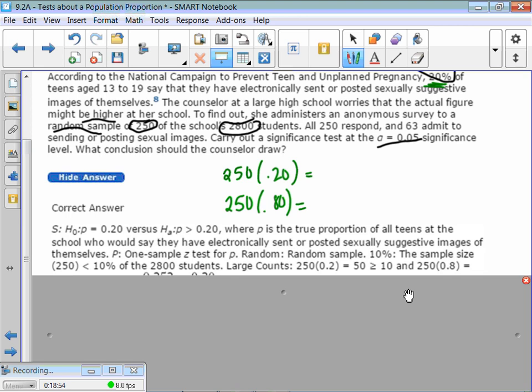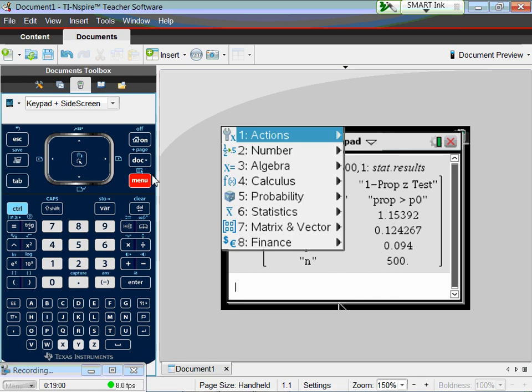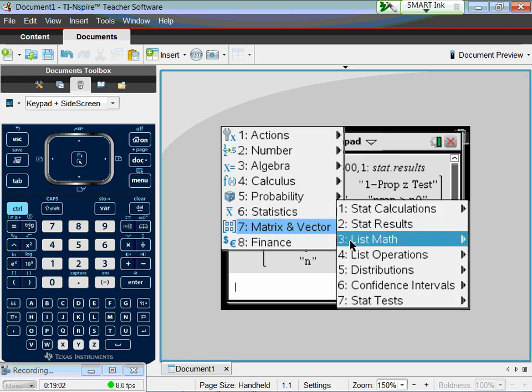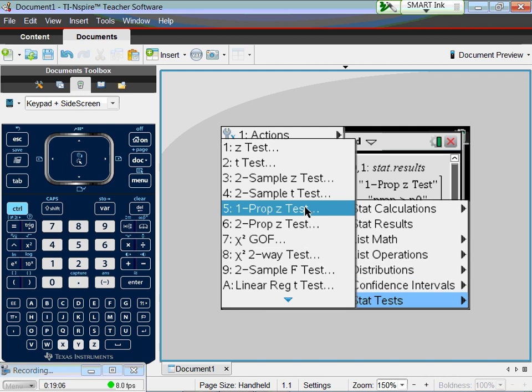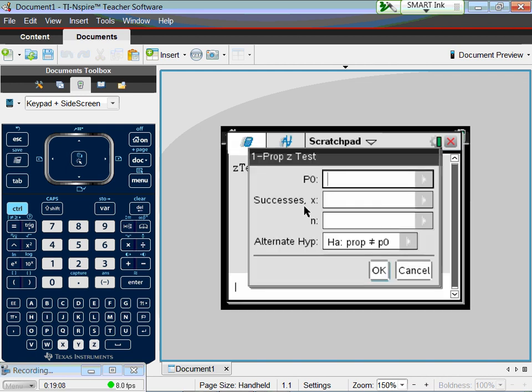Okay, then we're going to do the calculation parts, and let's go ahead and plug this into our calculators. So go to menu, go to statistics, go to stat tests, go to one proportion z-test. Our null hypothesis is 20%, and then when they did the survey, they got 63 out of 250, and we want to know if it's greater than 20%.